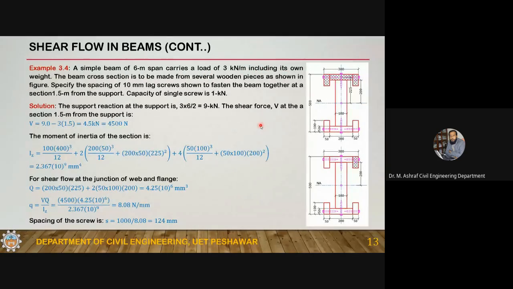Let me draw that. This is a simply supported beam which is subjected to 3 kilonewton per meter of load, including its own weight.